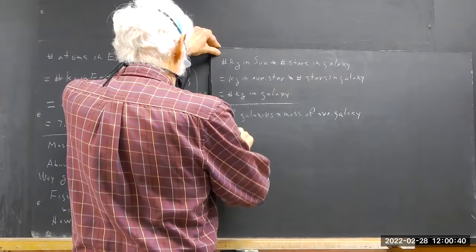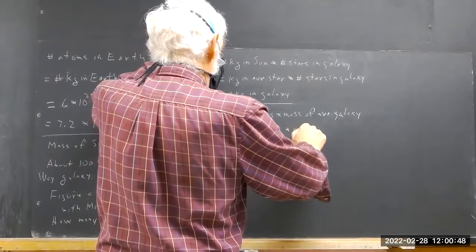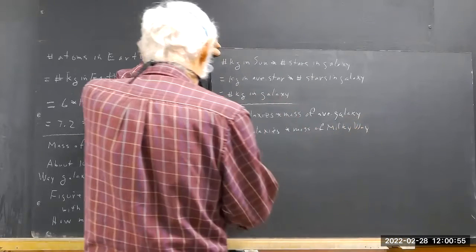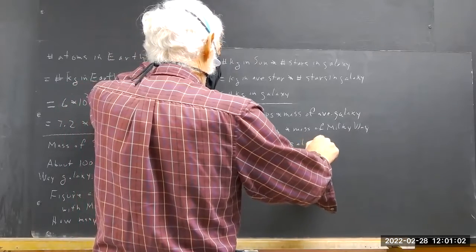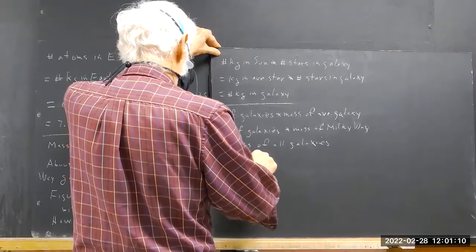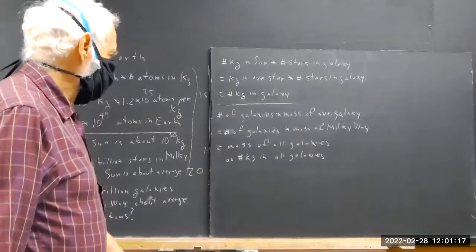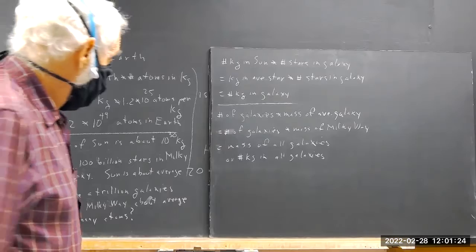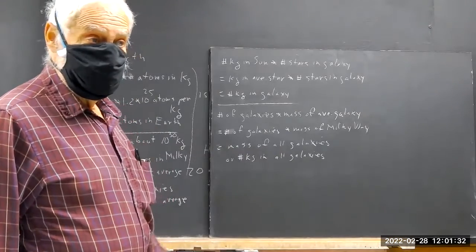I'm going to say it like this. Number of galaxies times the mass of the average galaxy, assuming the Milky Way is about average, would be about the number of galaxies times the mass of the Milky Way, which is the mass of all the galaxies, at least as an approximation.